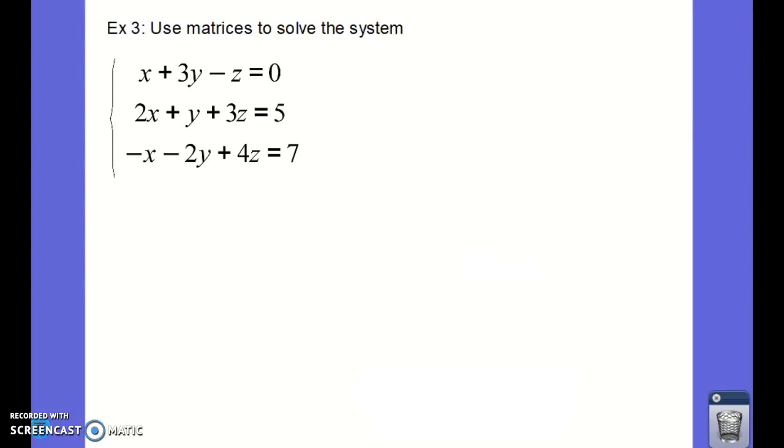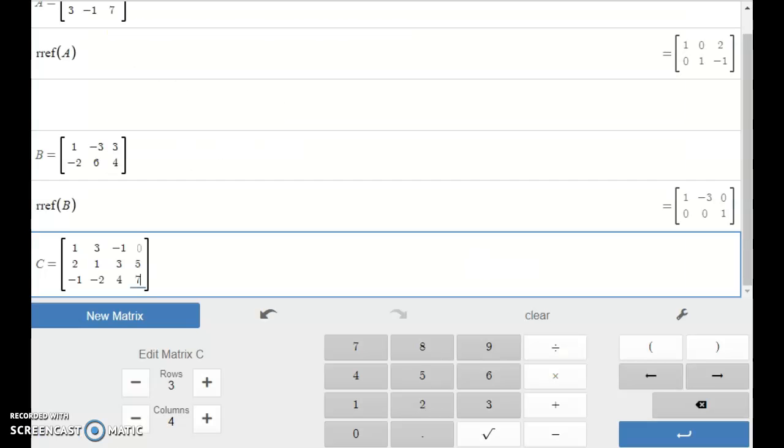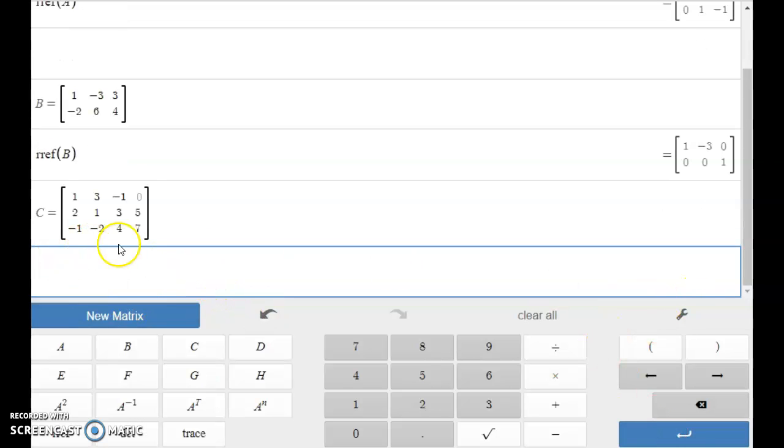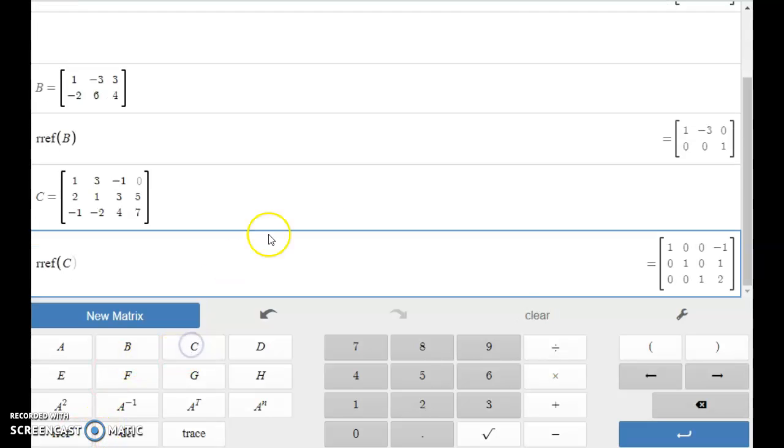Oops. All right, so I already created my new matrix, calling it matrix C. So now I can just hit ref, matrix C, and now you can see it's in reduced row echelon form. So this is just saying x equals -1, y equals 1, and z equals 2. And that is your answer.